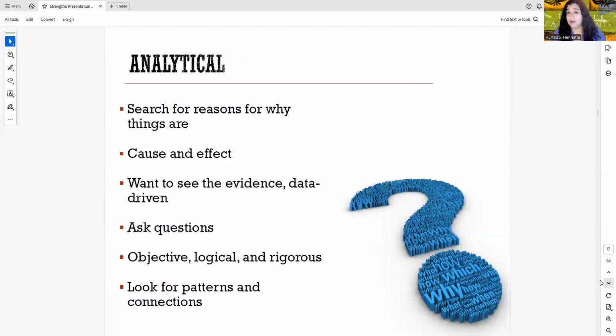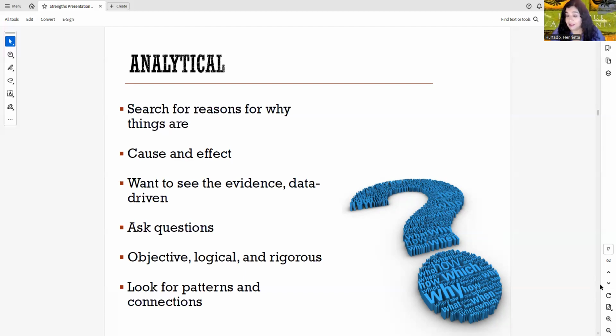If one of your themes is analytical, the characteristic of analytical people is that you search for reasons for why things are. You look for cause and effect. You want to see the evidence, and you are data driven. You probably enjoy research. You ask questions. You are objective, logical, and rigorous. And you look for patterns and connections.